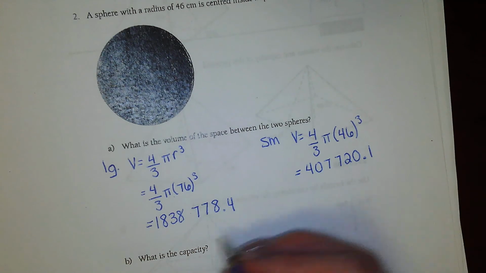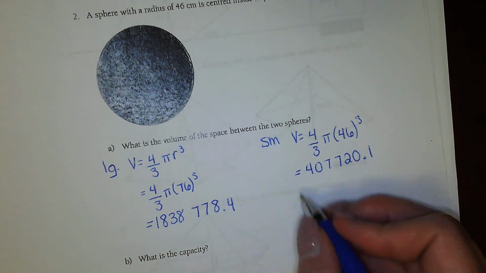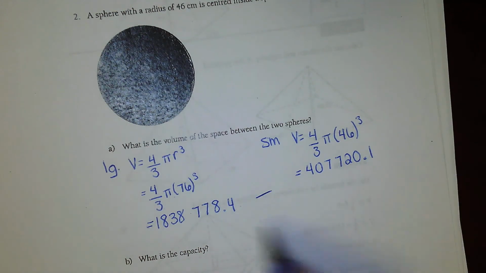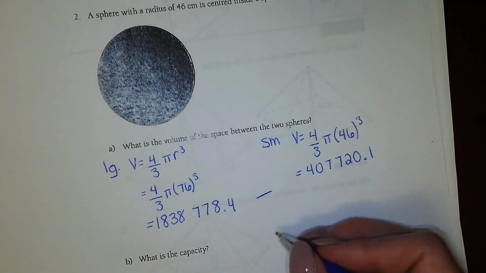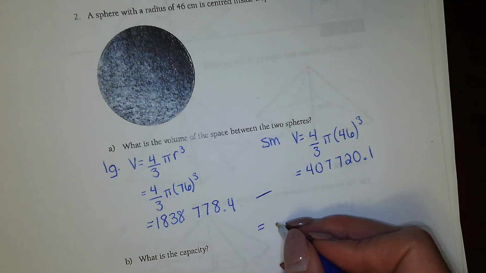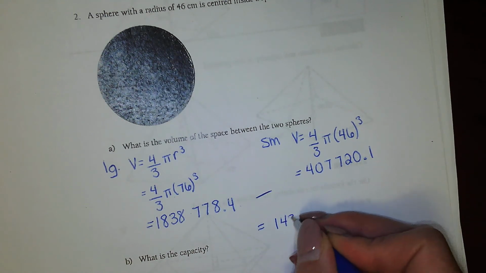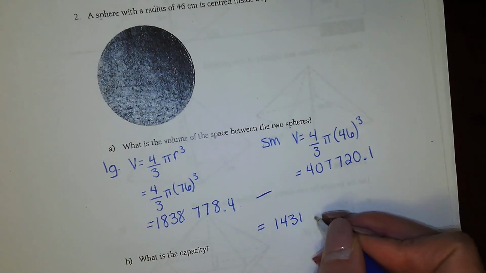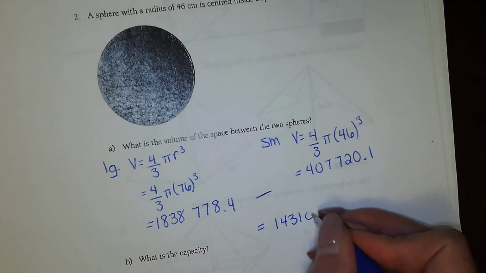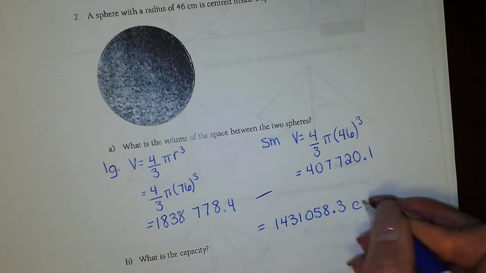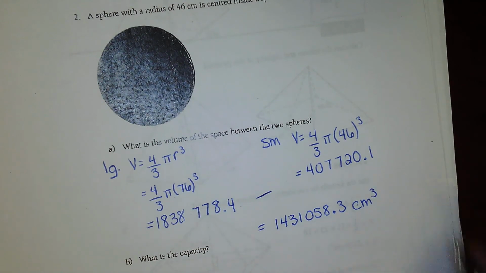Now subtract these two from each other. I'll just do a subtraction sign there. Calculate that, and I'm going to get 1,431,058.3 centimeters cubed.